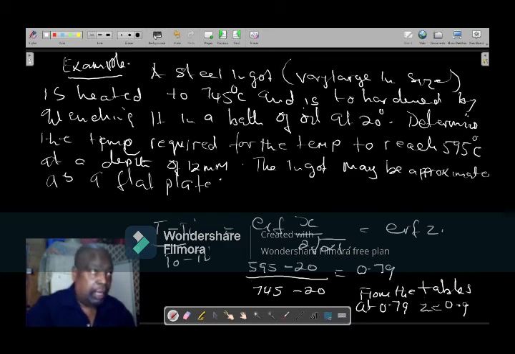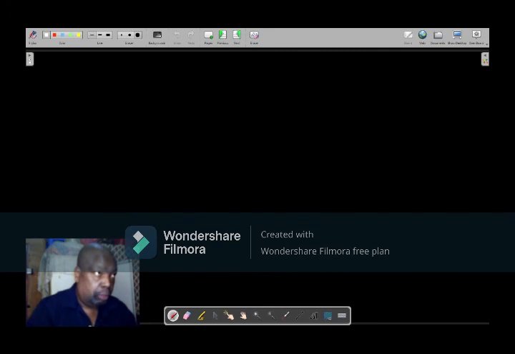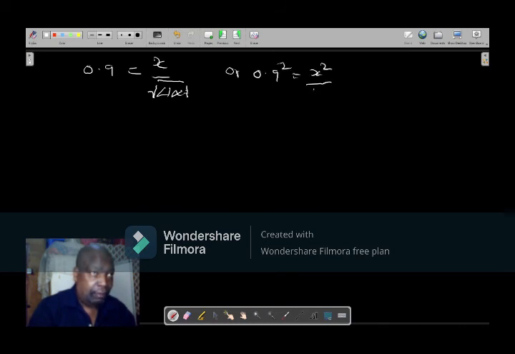So we have now 0.9 equals x over the square root of 4 alpha t, or 0.9 squared equals x squared over 4 alpha t.